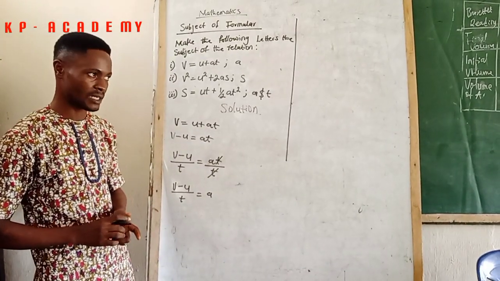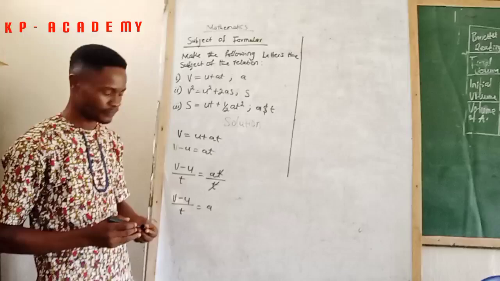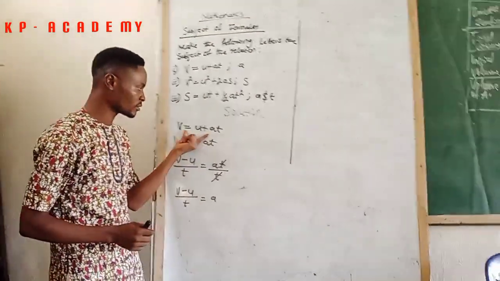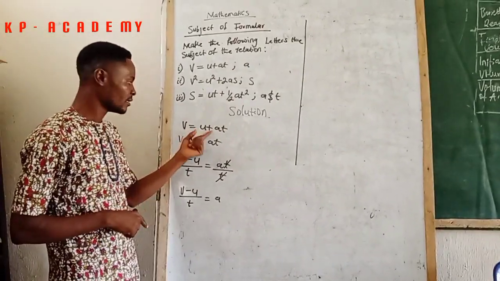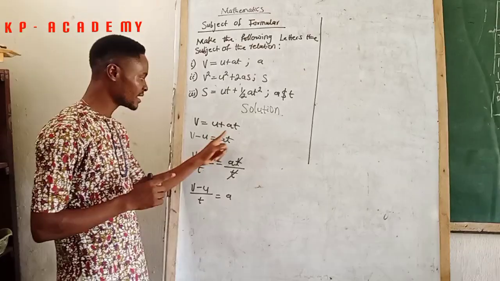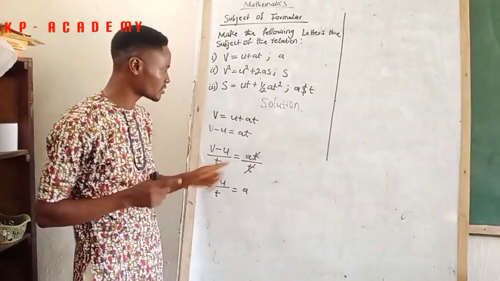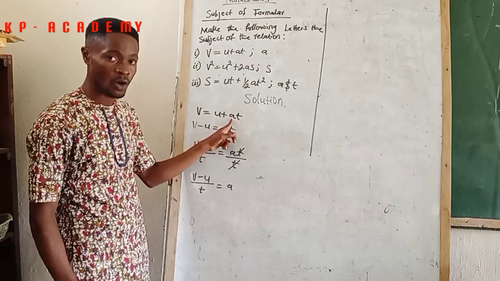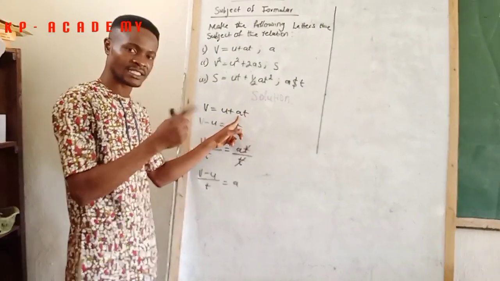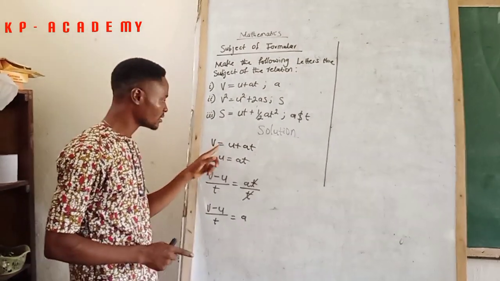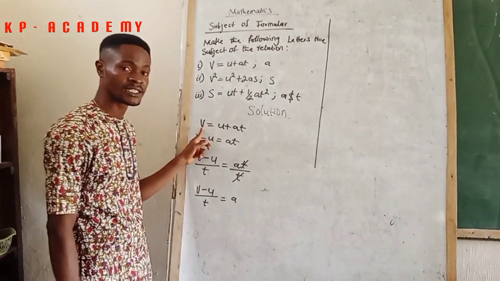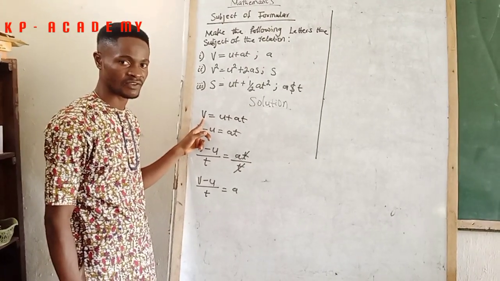Why do I say so? Because only A is standing alone. Now remember, this is the question, this is the answer. In this question, we are told to make A the subject of the formula. That is possible because A is not the subject in the original question; there, the subject of the formula is V, because it is only V that stands alone on one side of the equation.